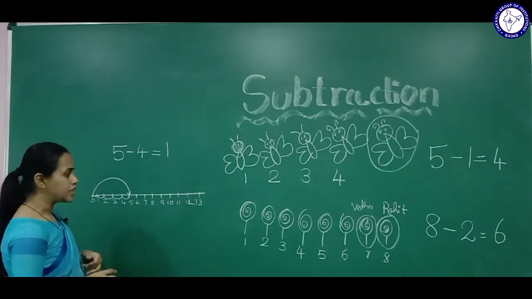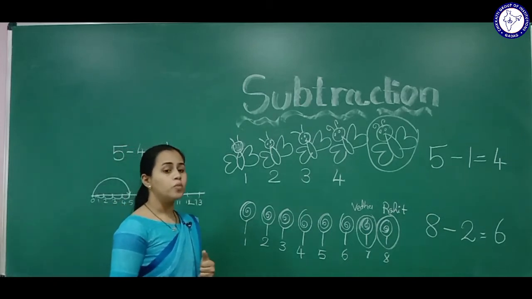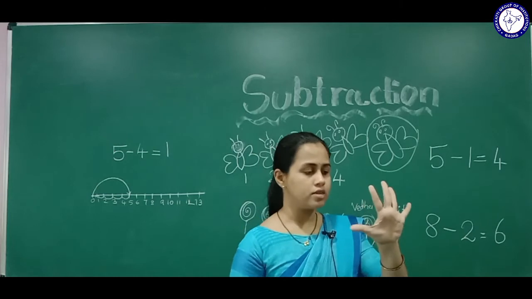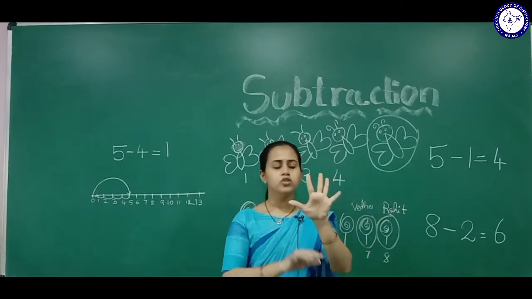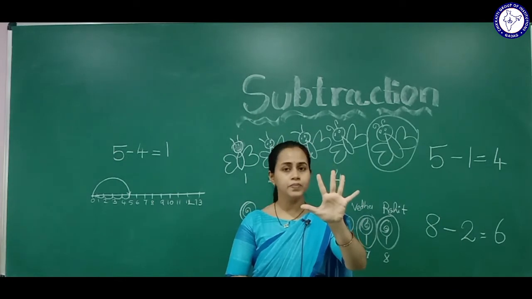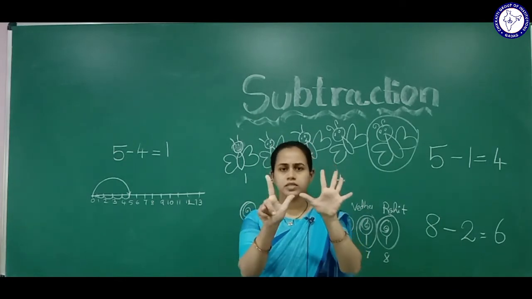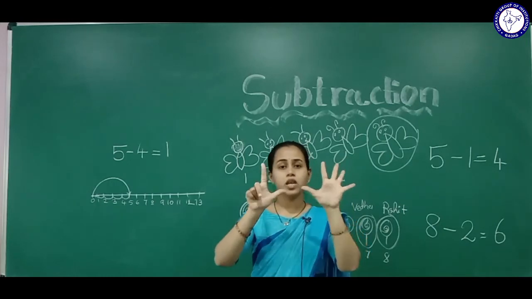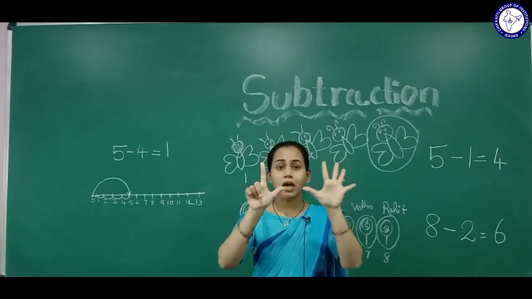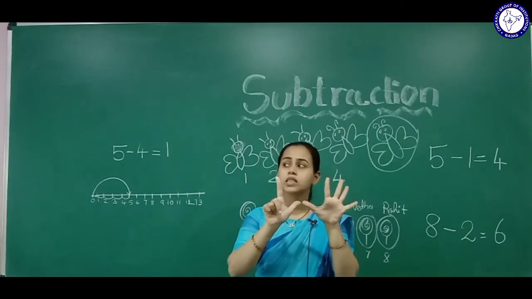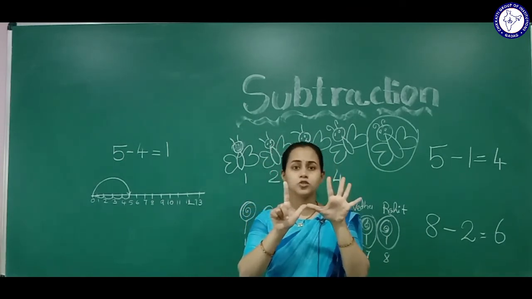One more easy method. I'll tell you one more method. What you have to do? I'll just use the fingers. Okay. Now just show your hand, and like this you can hold whatever the number. Right, this is 7 now. Okay, I want to give 3 chocolates to my friend.